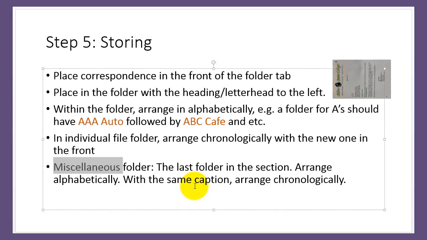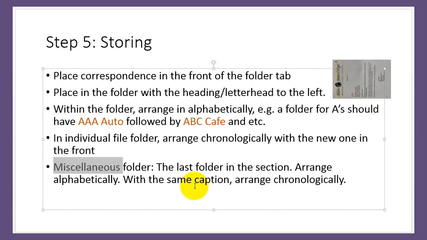Miscellaneous folders will be the last folder in the section. So you could have a miscellaneous folder for A's, and another miscellaneous folder for B, another one for C's, or you can have just one miscellaneous folder for the entire alphabet. So it's up to you. It depends on how many miscellaneous items you get.